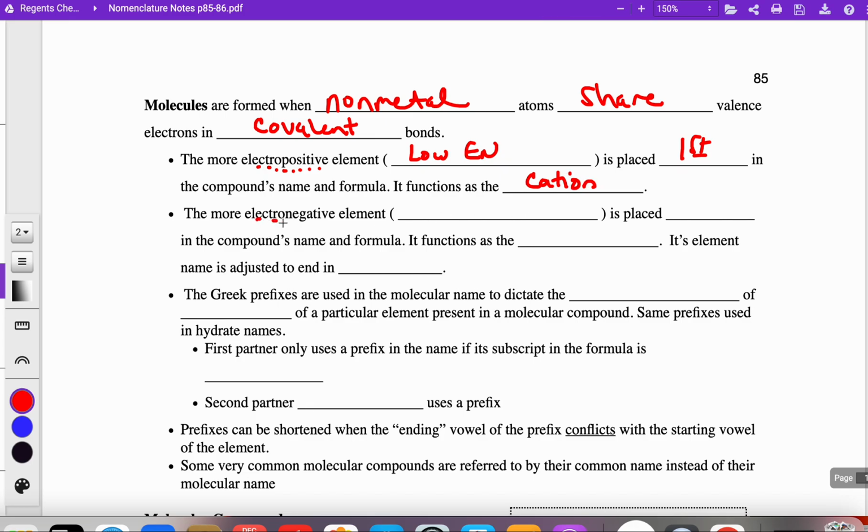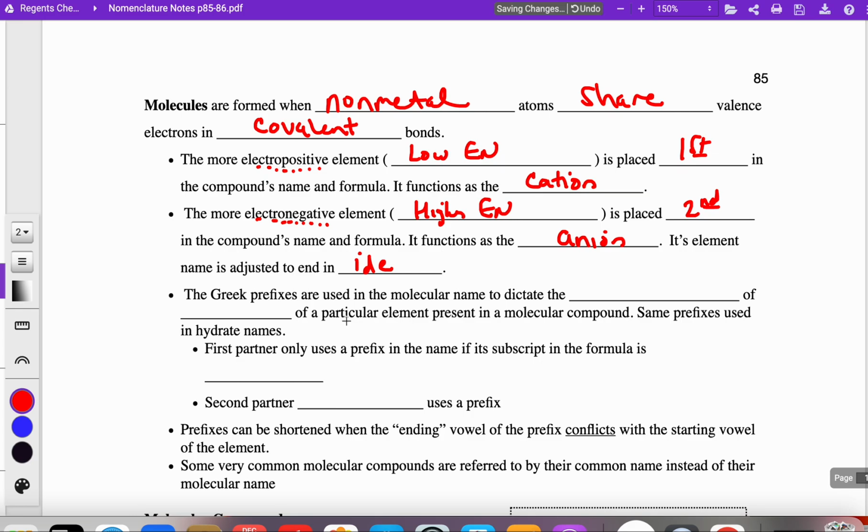Whereas the more electronegative element has the higher electronegativity, so it has a greater ability to attract and pull those negative electrons toward itself. We always place it second in the substance name and formula, and it functions as the anion. Because it functions as the anion, we adjust its name to end in IDE.